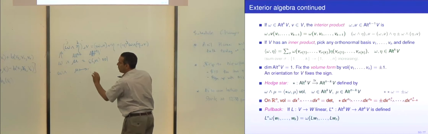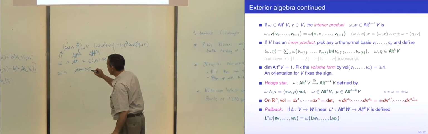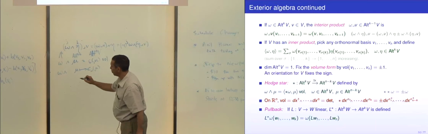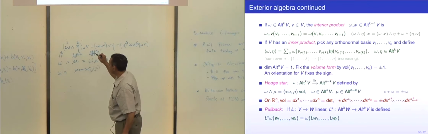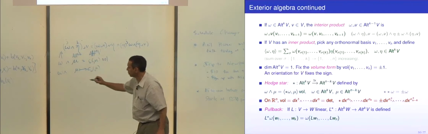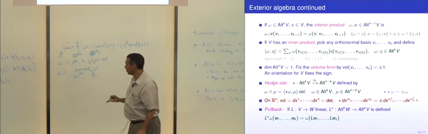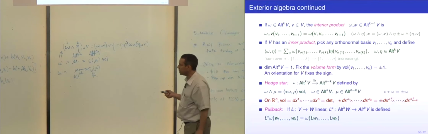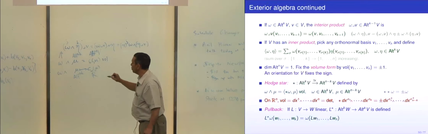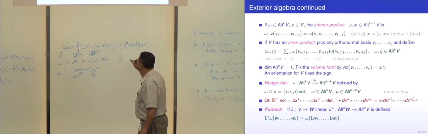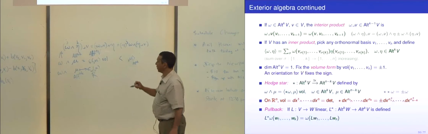So then mu goes to c omega mu is just an operator from alt n minus k to the real numbers. And it's obviously a linear operator, so it must be the inner product with some element of alt n minus k. So this c omega mu must be just the inner product of mu in alt n minus k with something.